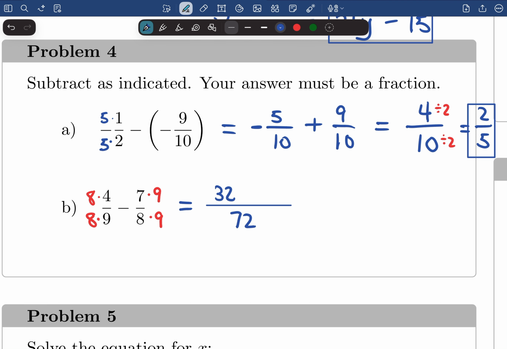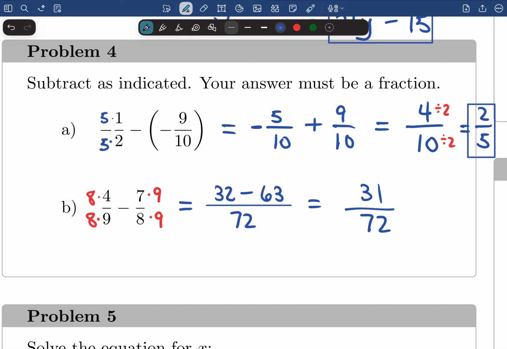Now I'm going to subtract because there's subtraction between the fractions. 7 times 9 is 63. All right, at this point, we can take 32 minus 63, and we'll get negative 31, and that's divided by 72.